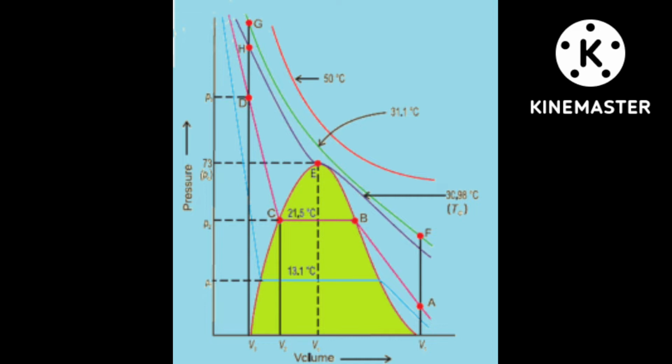After that, he plotted isotherms. Isotherm means the temperature was constant, and he plotted a graph of pressure versus volume. He plotted isotherms of carbon dioxide at various temperatures.